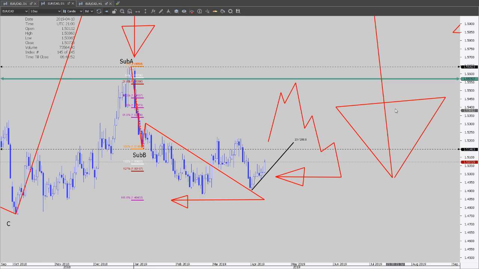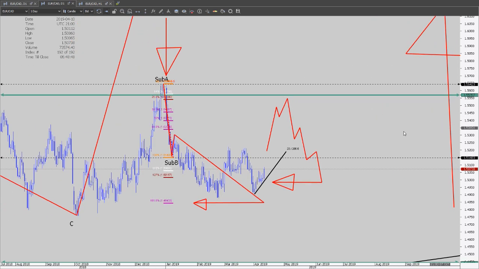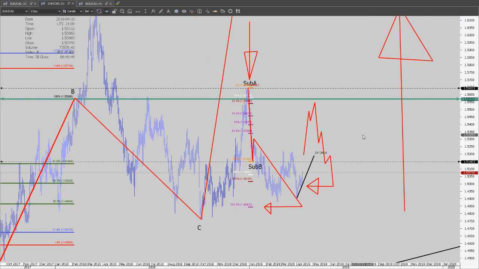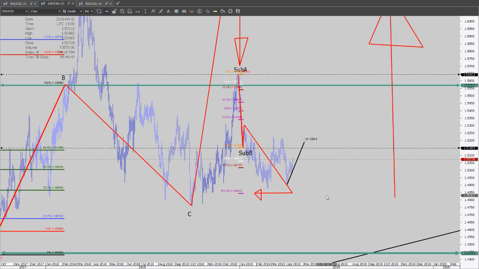Okay, in the end, everybody, this is the suggestion, because I don't have the crystal ball, but technically speaking, try to short the market if you want, and don't go long until the market breaks the sub A.